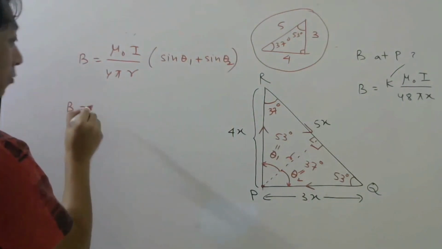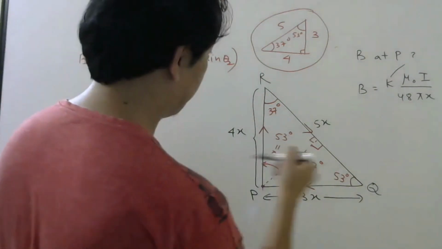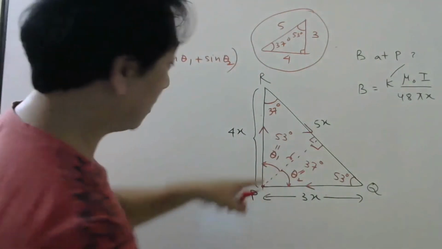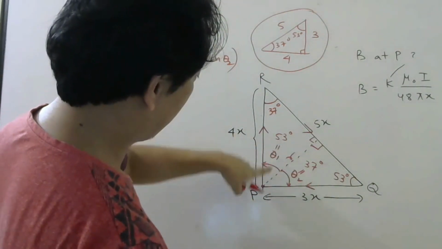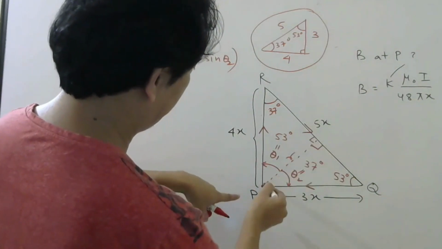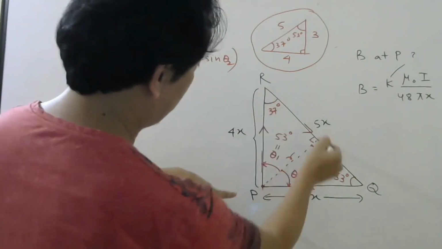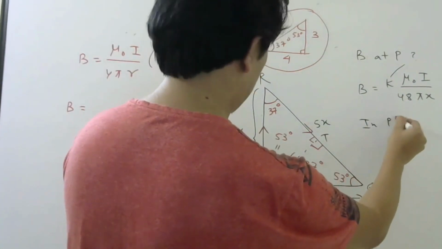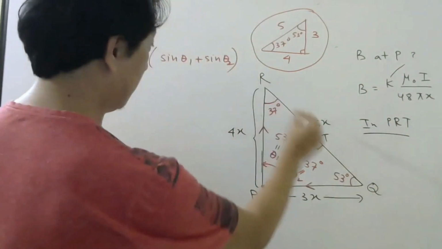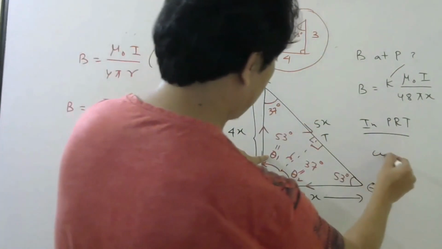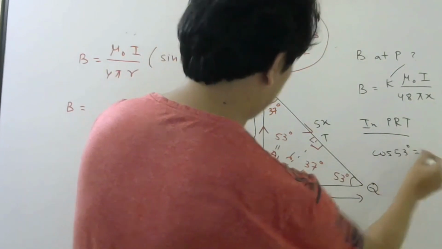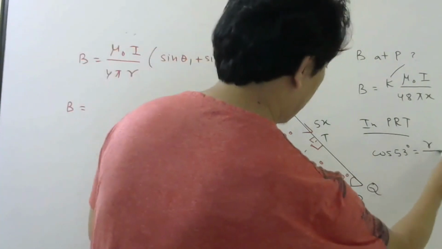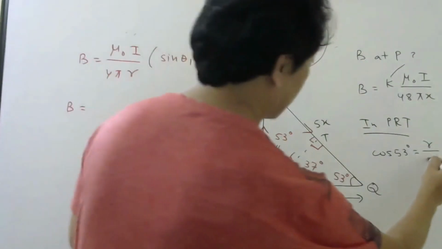So for B, we have to calculate R. So let us try to find R. How to find R? You can use either this triangle or this triangle, whichever you want. For this triangle, with the 53 angle, R is the adjacent side and 4x is the hypotenuse. Remember, if I write T here, then in triangle PRT, if I try to calculate cos 53, this is your adjacent for this angle, and the hypotenuse is 4x.